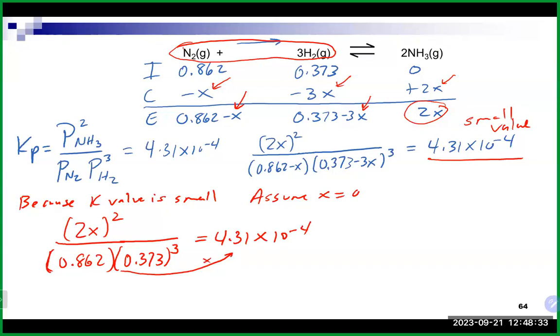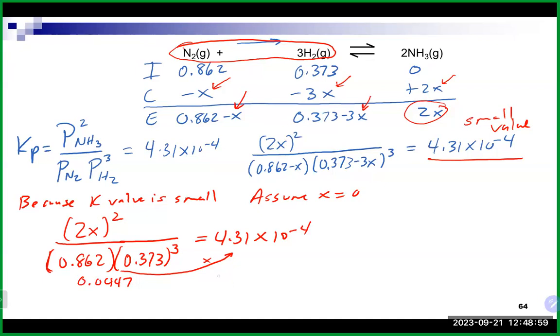I got 0.862 times 0.373 cubed, and that gives me something like 0.0447. We're going to multiply that to the other side, 4.31 to the negative 4, making sure we use our exponent button.